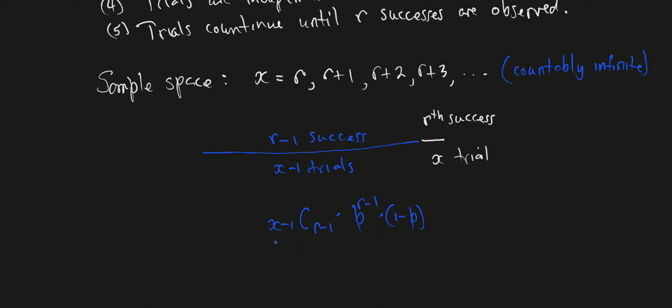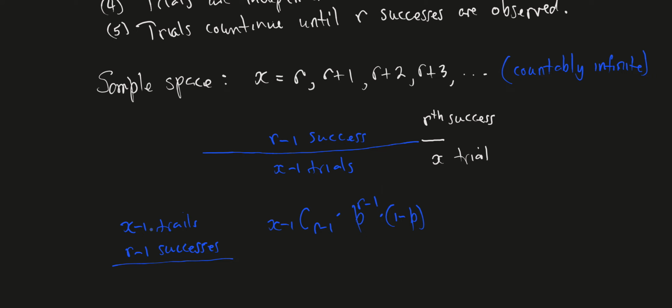That means, let me say it this way. We have x minus 1 trials. We would need to observe r minus 1 successes, which means the difference here would be the failures. So if I subtracted these, I would have x minus r, and then negative 1 minus negative 1.